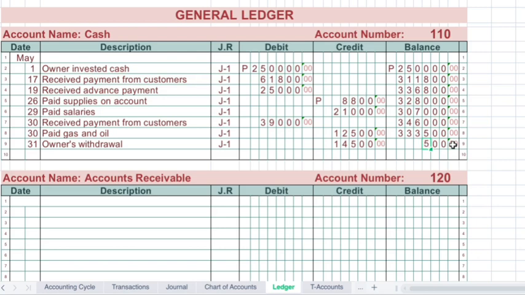That is, we'll have 319,000. Alright. So, for the month of May, ang balance ng ating cash account is 319,000.